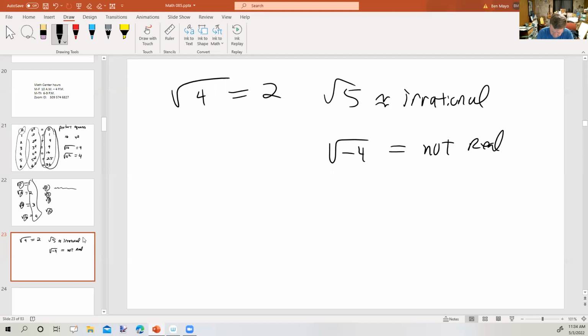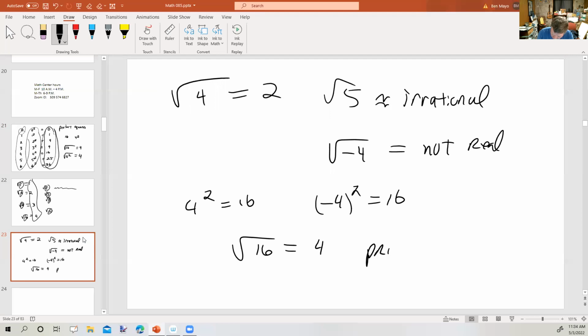Okay. Now, 4 squared equals 16. But negative 4, the quantity squared, also equals 16. But when we take the square root of 16, we just get the positive root, which is called the principal square root. So 2 things.